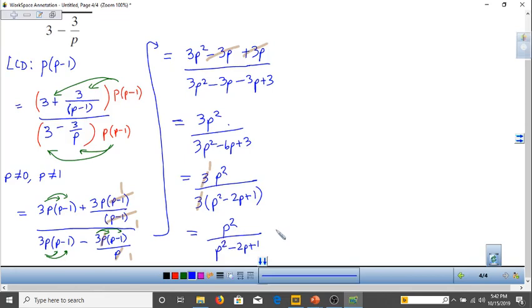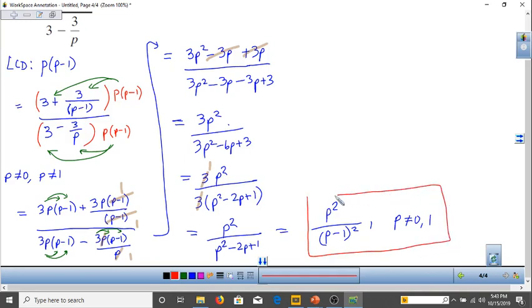If you factor that, you end up with p minus 1 squared. And remember our restriction that p is not allowed to be 0 or 1. That's the answer. That one took a little bit more work. You have to make sure you check all the time if you can factor.